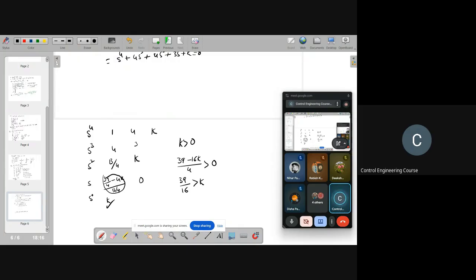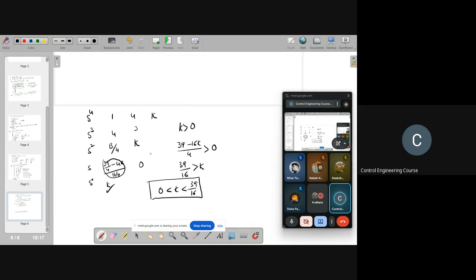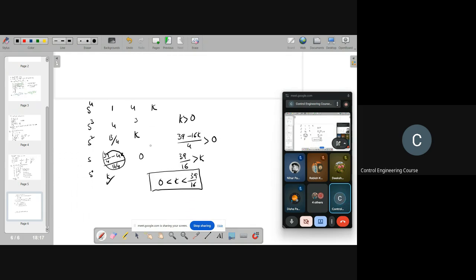So this is the range. That means the range for which the system is stable is 0 less than K less than 39 by 16. So this is how we can get the range of K. But also how do we calculate the frequency of oscillations? Let's say for example if K is equal to 39 by 16, then this entire row will be 0.